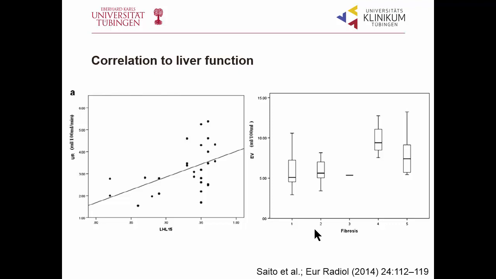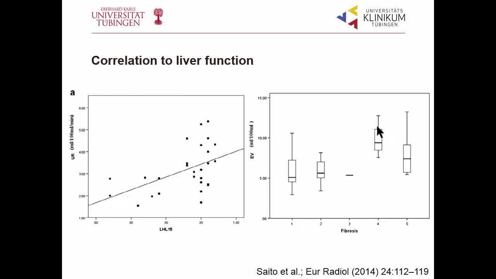This is also important work from Taiwan, where the parameters from perfusion MR with gadolinium EOB have been correlated with scintigraphic standards of reference, and we see a quite good correlation between the pharmacokinetic parameters and the scintigraphic methods.